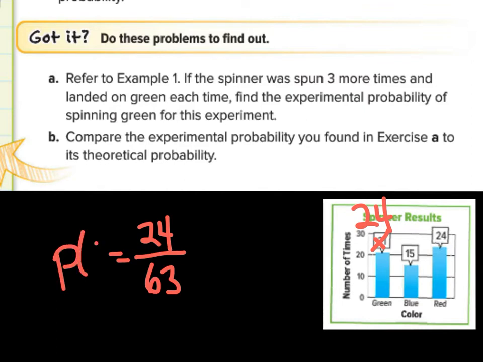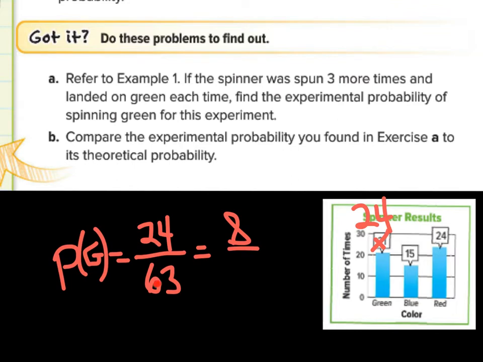Probability of green. So it would be 24 over 63, and if we were to simplify that, I know that both these numbers are divisible by 3. Divisibility rule states that if you add the digits of a number and you get a multiple of 3, it's divisible by 3. So 2 plus 4 is 6. 6 is a multiple of 3. So that's divisible by 3. And we know that 24 divided by 3 is 8, right?